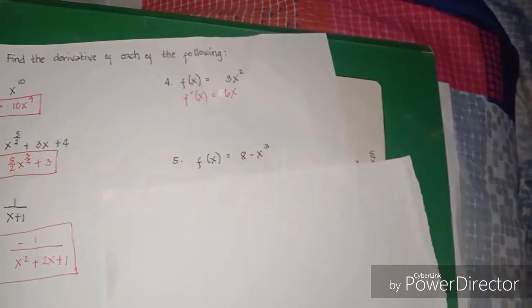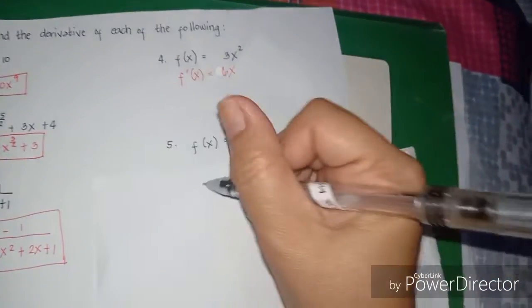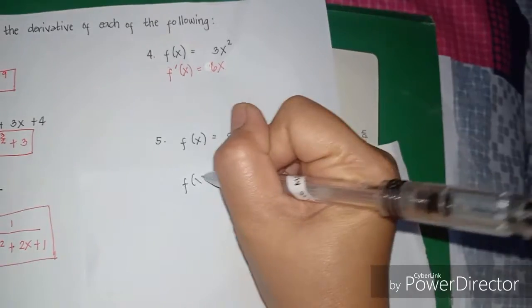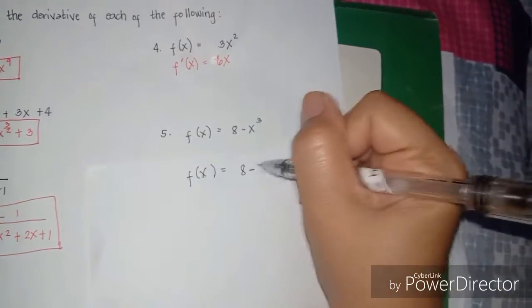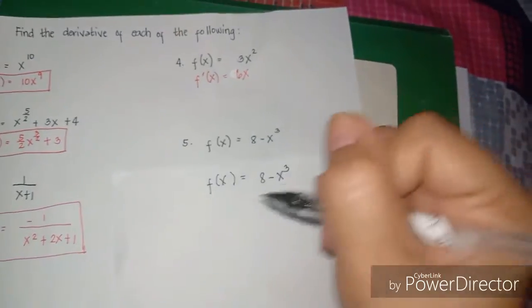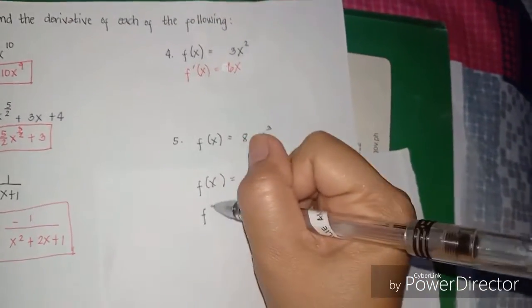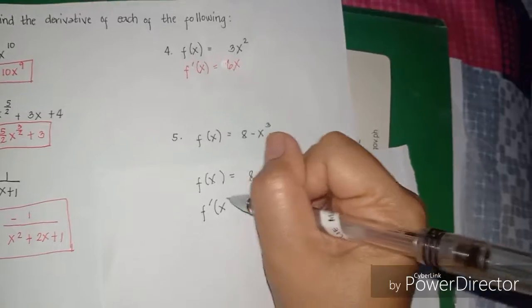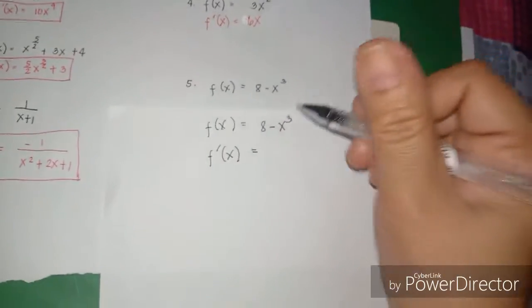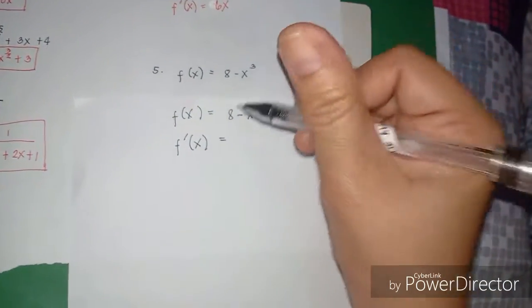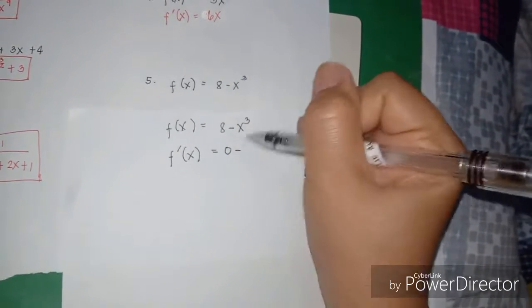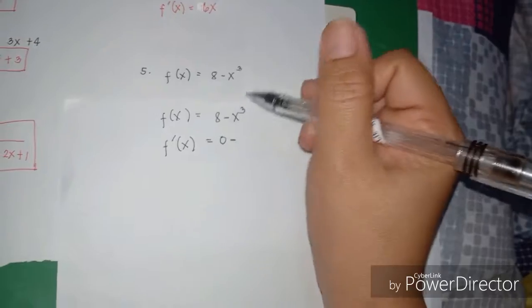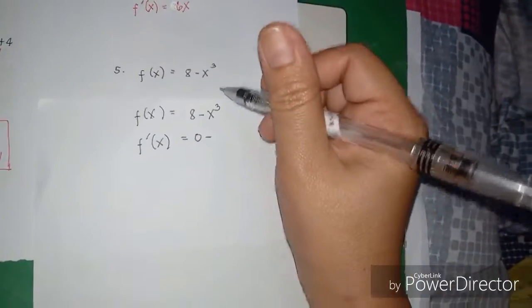So we are now on example number 5. Example number 5, the given function is f of x is equal to 8 minus x cubed. So the derivative of f is equal to, the derivative of a constant is just equal to 0 minus, then in the second term you may apply the power rule.